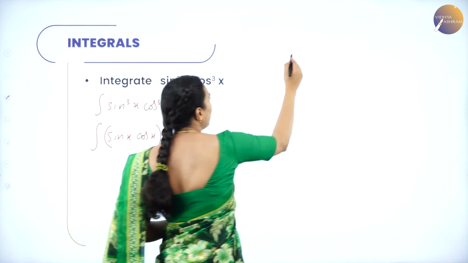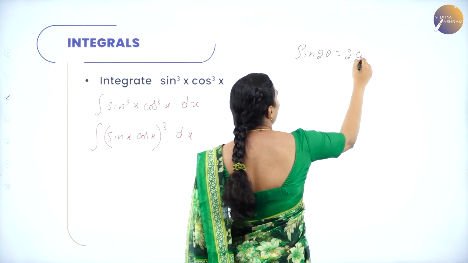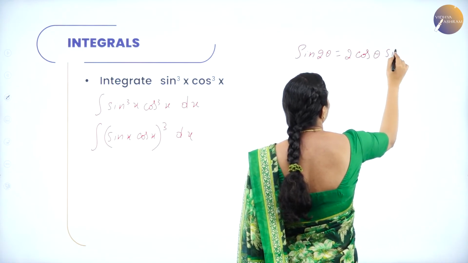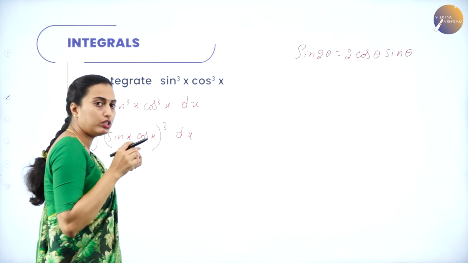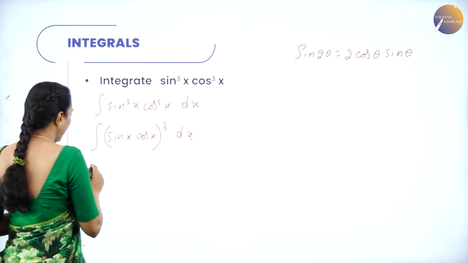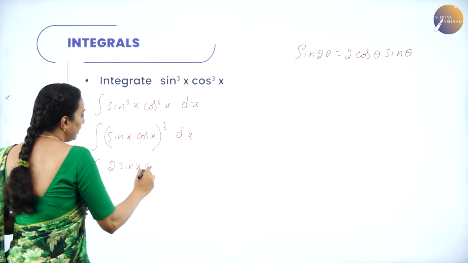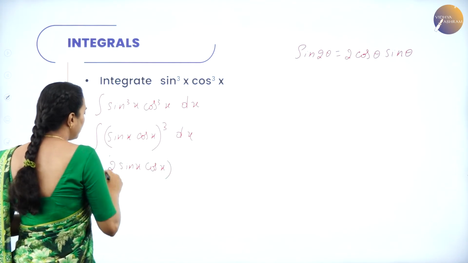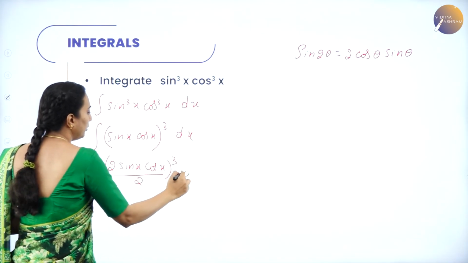Why? You know that sine 2 theta is nothing but 2 cos theta into sine theta. Dear students, now here 2 is missing, so I am going to multiply and divide by 2 inside that. So it will become 2 sine x into cos x whole cube divided by 2 whole cube into dx.